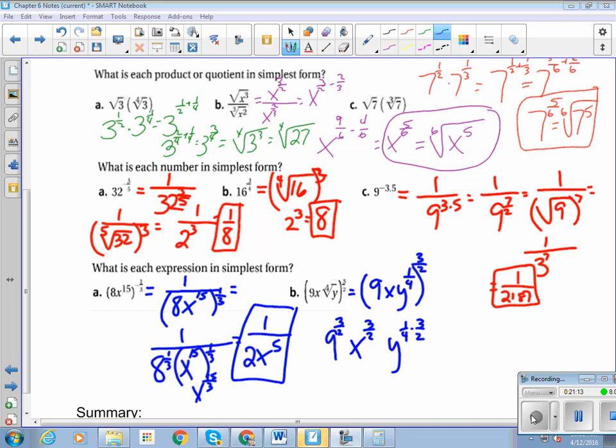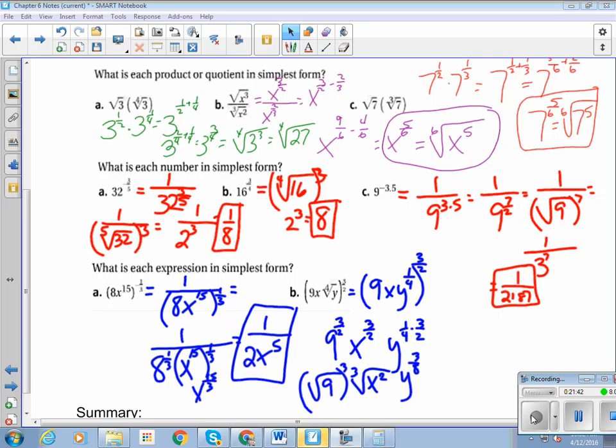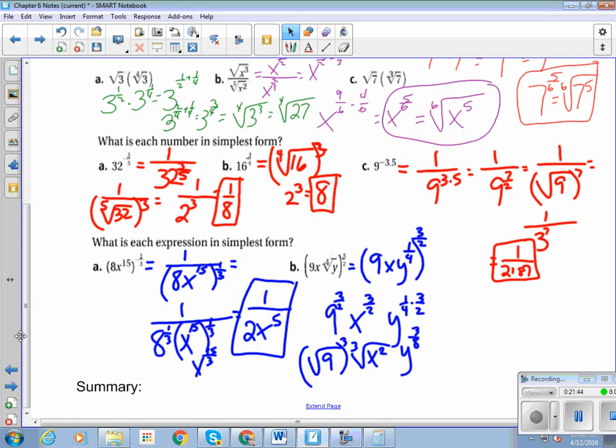I'm going to rewrite this as square root of 9 to the 3rd power. I'm going to rewrite x as cubed root x squared. And I'm going to do this multiplication here. y to the 1/4 times 3/2, that's 3/8. One more level.